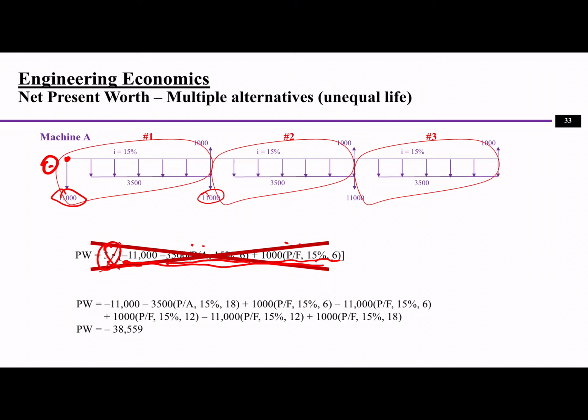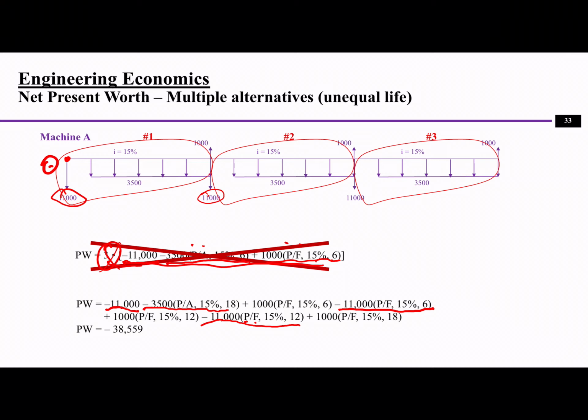So what should we do? We should calculate all those cash flows back to time zero. This is the first 11,000, this is the second 11,000, and this is the third 11,000, using the future value to find the present value.